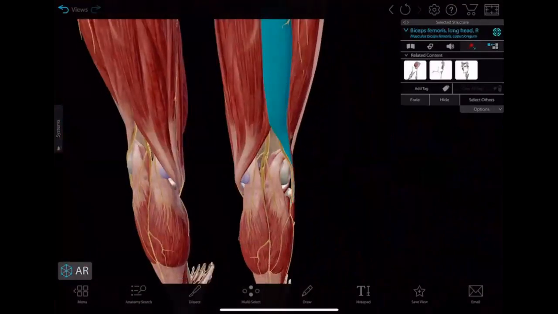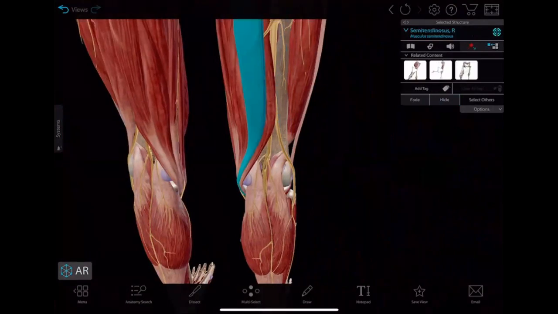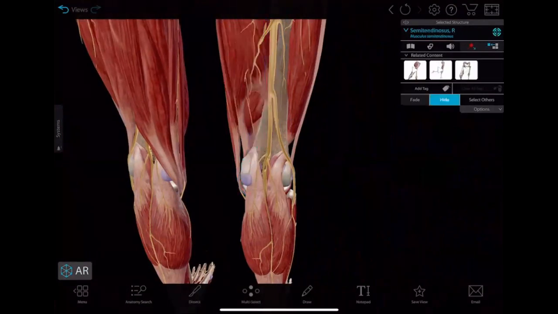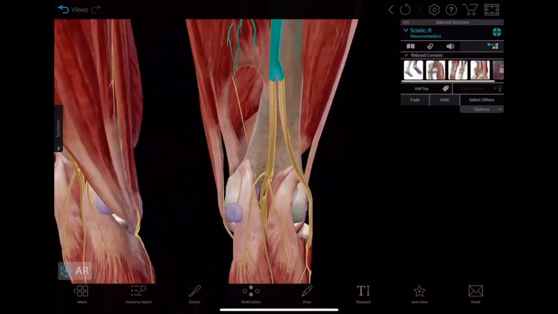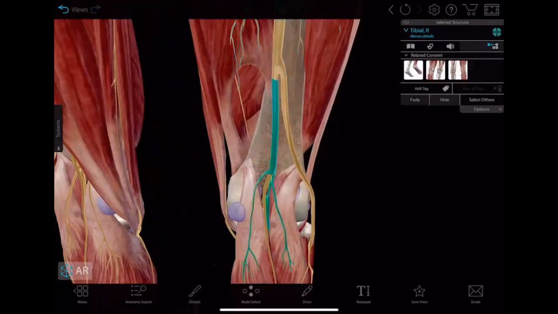So, this is medial to the long head. I'll show you something. So, this is the sciatic nerve dividing, right? In this atlas, the sciatic nerve divides, continuing as the tibial nerve and common peroneal parts, right?